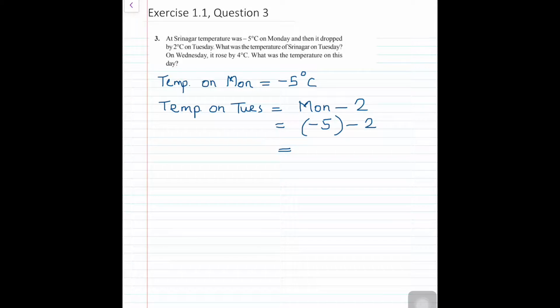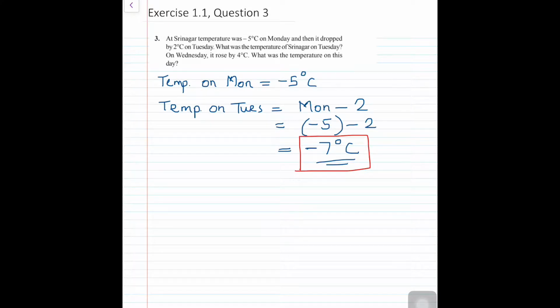So here it is negative and negative, means I have to add because they are the same signs and the answer will be negative. So 5 plus 2 is 7 and the answer will be negative because both the numbers in the question are negative. So my answer is minus 7 degree Celsius. Okay. Minus 7 degree Celsius is my answer for the temperature on Tuesday.